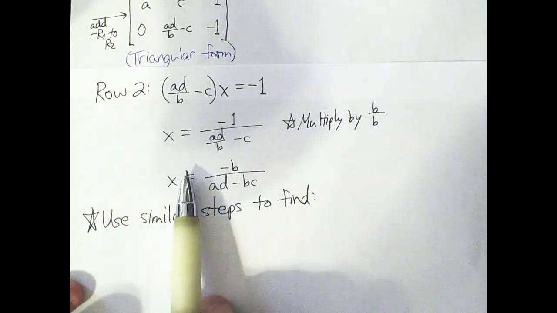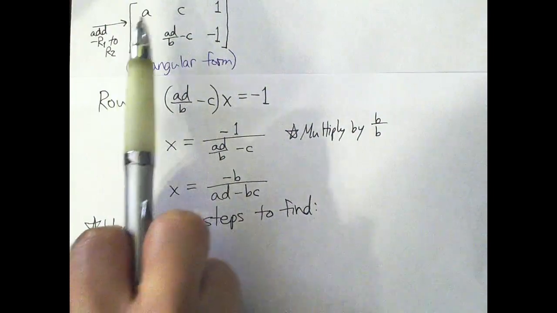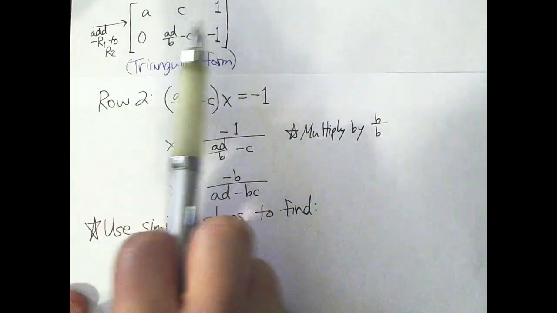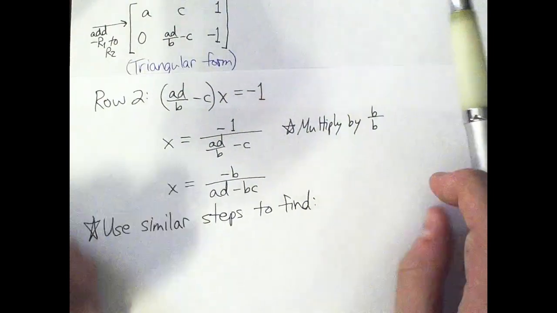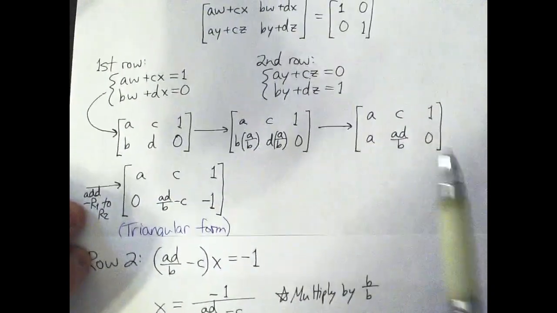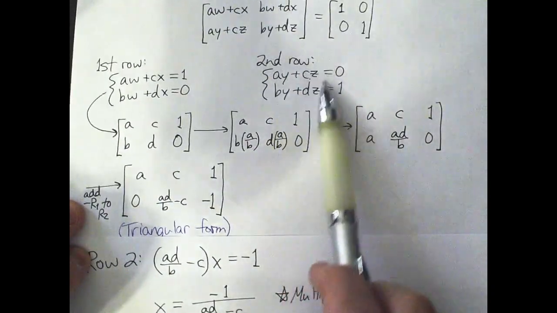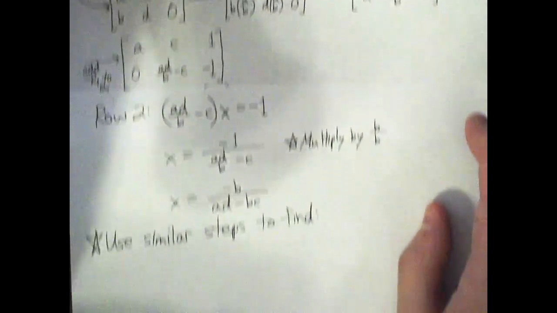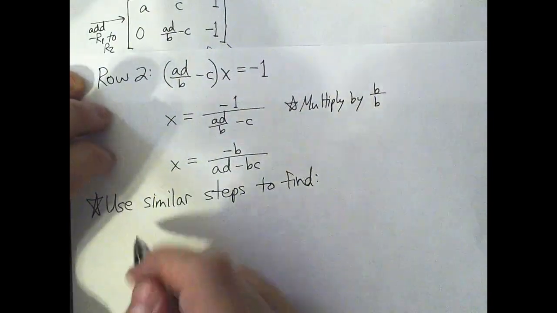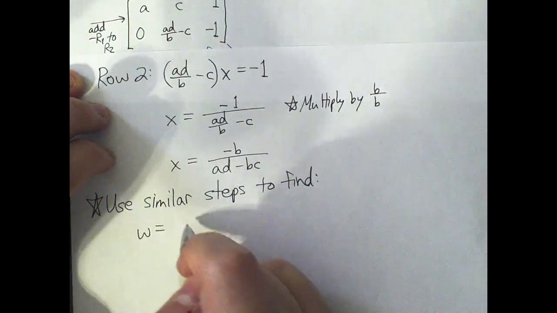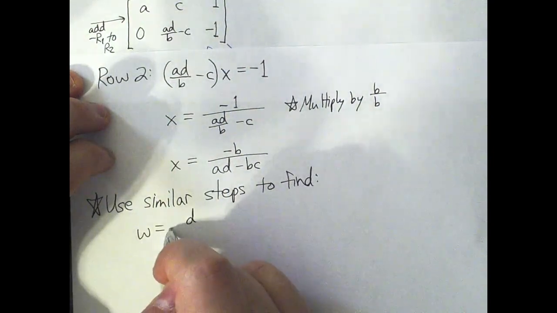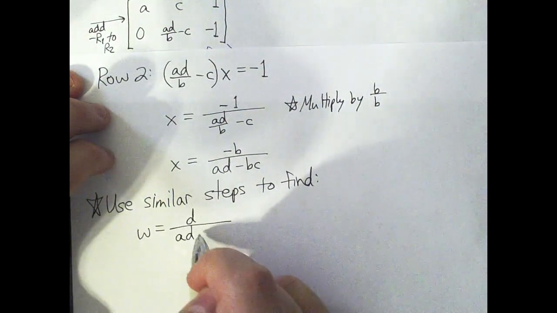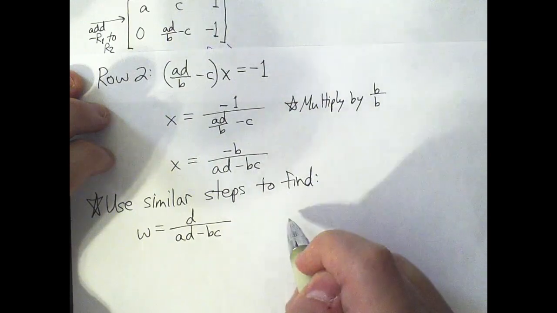By the way, we just found X. You know we could use row 1 to find W, right? And then how would you find Y and Z? You'd have to use this system and do the same sort of thing on this system to find Y and Z. What you would find is that W equals D over AD minus BC.